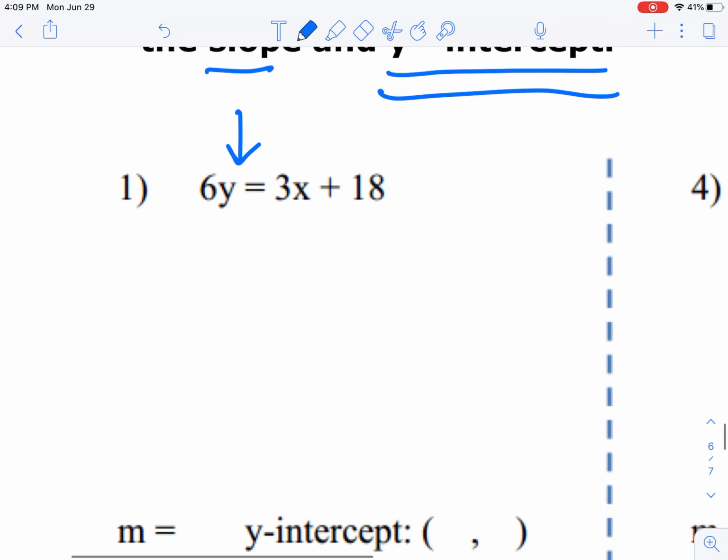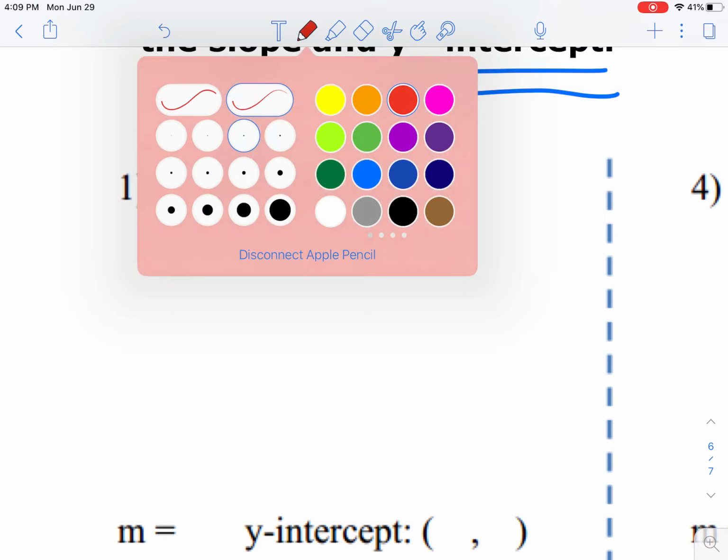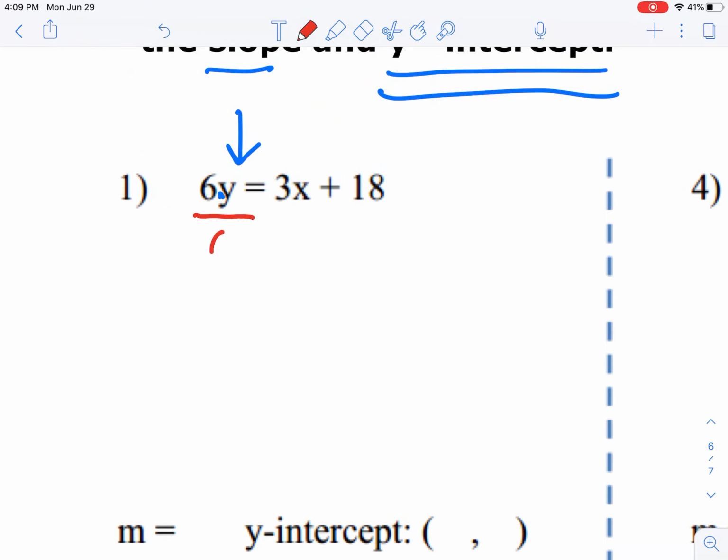So in order to isolate the y, we need to get rid of the 6. Because it reads 6 times y, to undo multiplication, we're going to divide by what we're trying to get rid of, which is 6, because anything divided by itself is 1y. But what I do to one side, I do to everything on the other side.